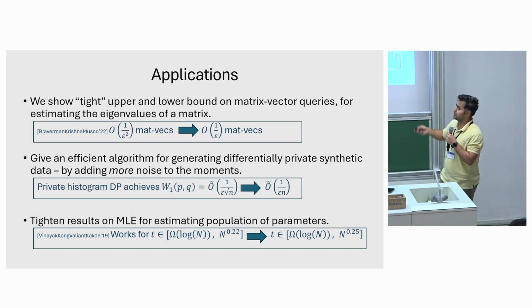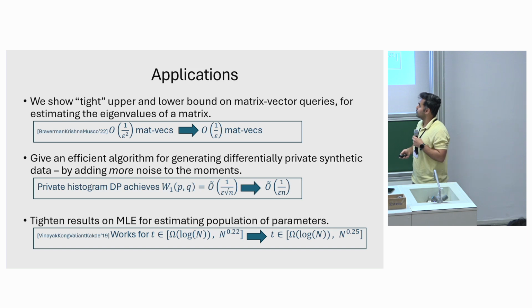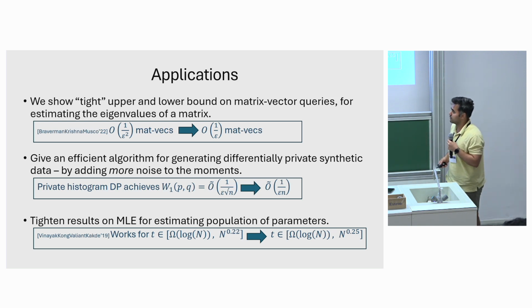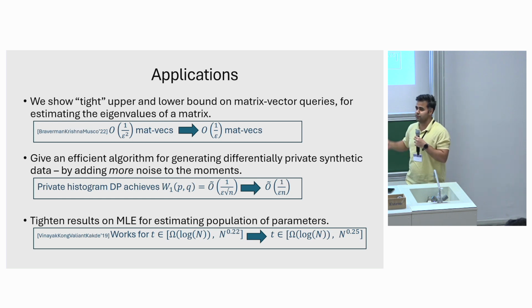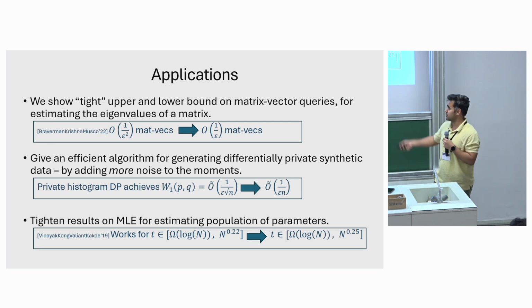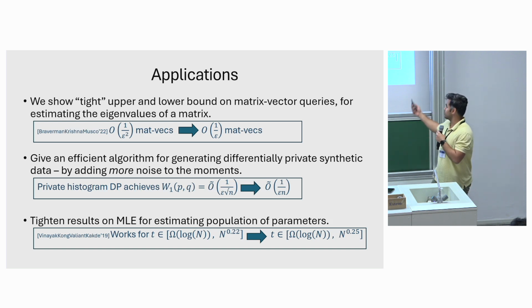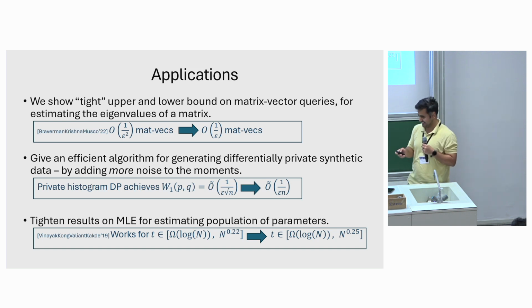We also give an efficient algorithm using this for generating differentially private synthetic data, which is close to the original data in Wasserstein-1 distance, and we improve the bound on Wasserstein-1 distance. We also tighten results of Vinayak, Kong, Valiant, and Kakade for estimating population parameters. We just improve their analysis by plugging in our bound. So the upper bound of n to the power 0.22 improves to n to the power 0.25. I told you this doesn't mean anything, but okay.